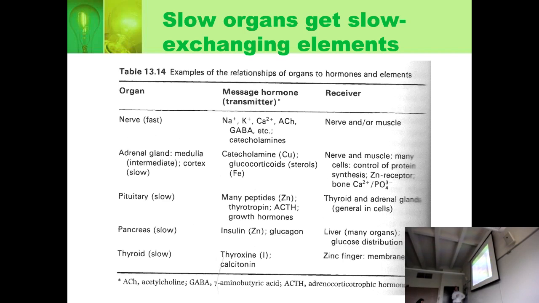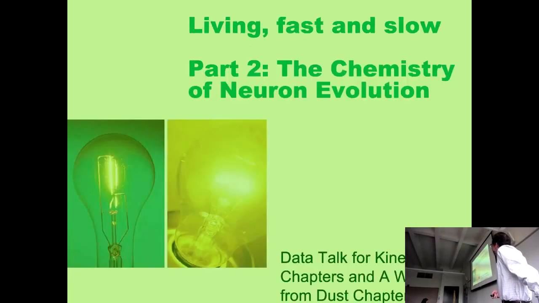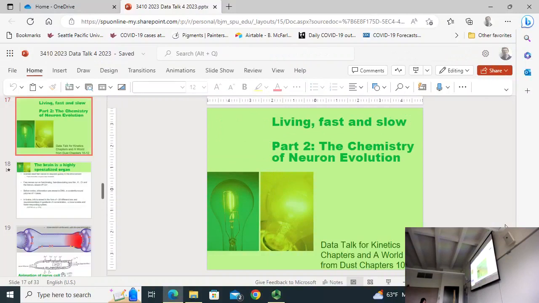And that's because the thyroid developed really late, and kind of all the other elements were taken. And also it works slowly, so it could use a slow element. And probably, I would assume that it developed in an ocean animal, because you have a lot of iodine in the ocean. In fact, that's where they get it for the salt. But that's why I want you to think in general. That's thinking about biology in terms of chemistry.